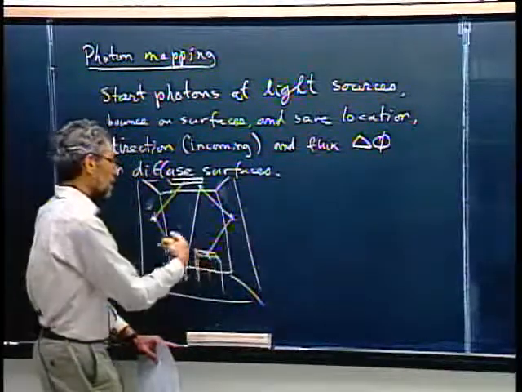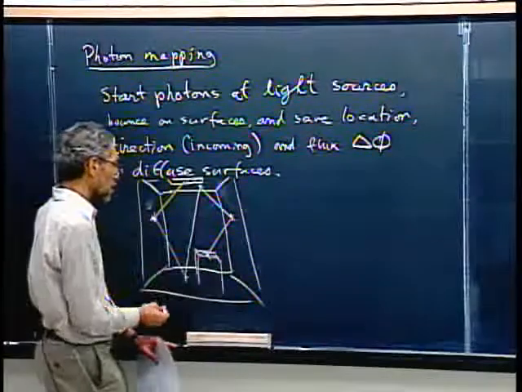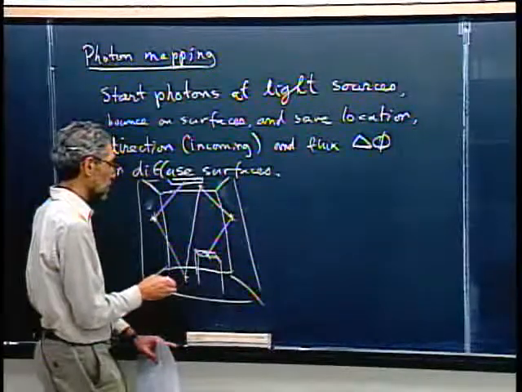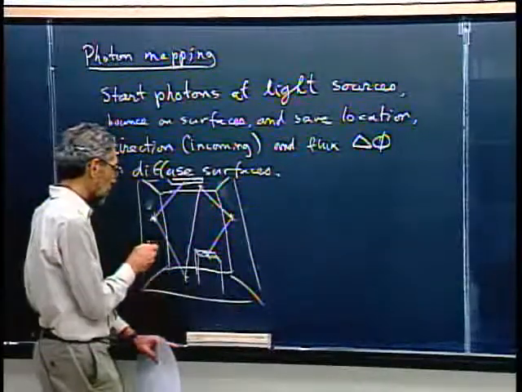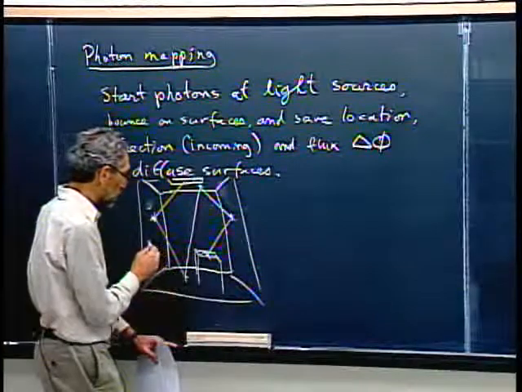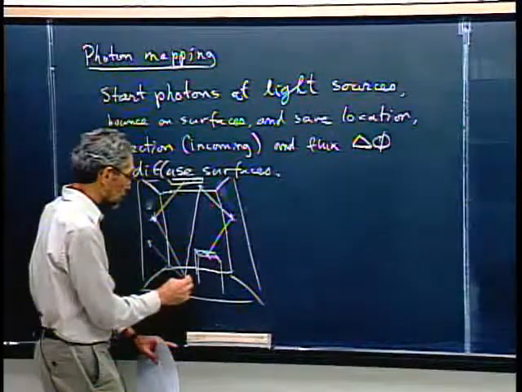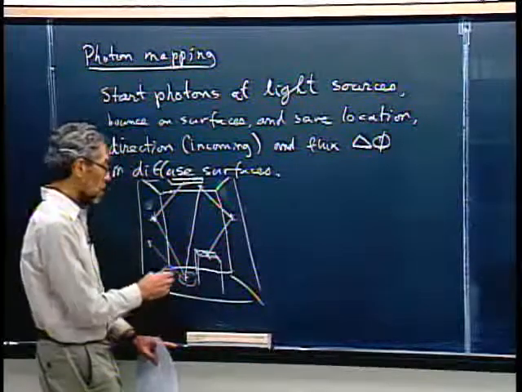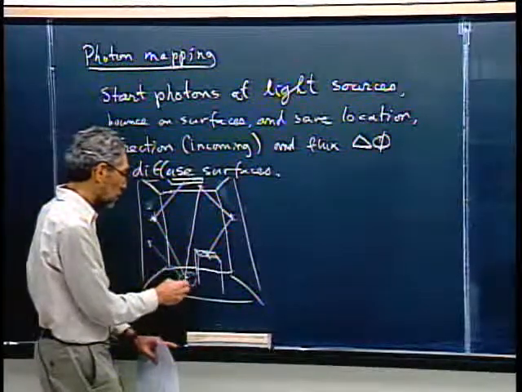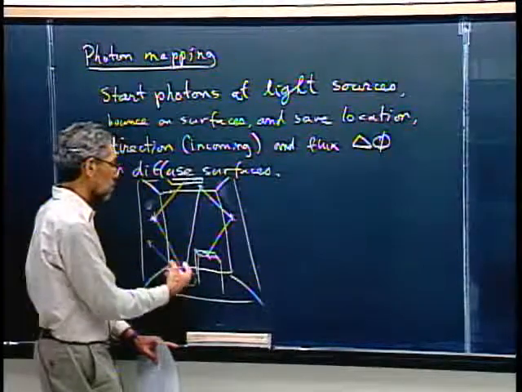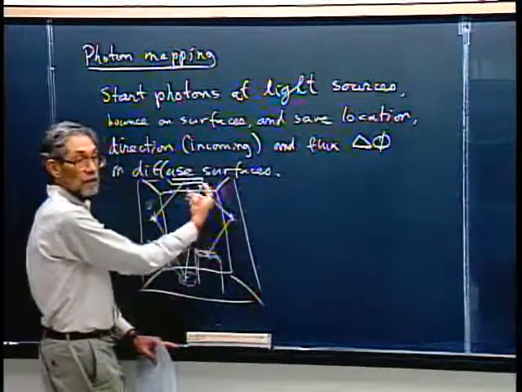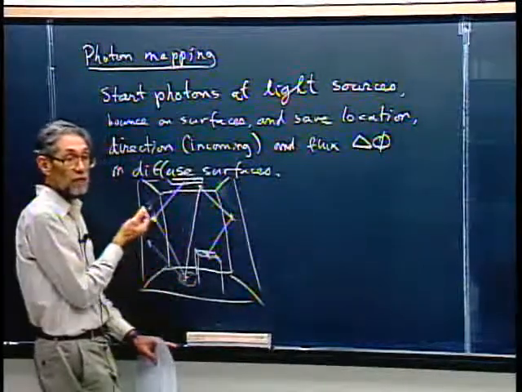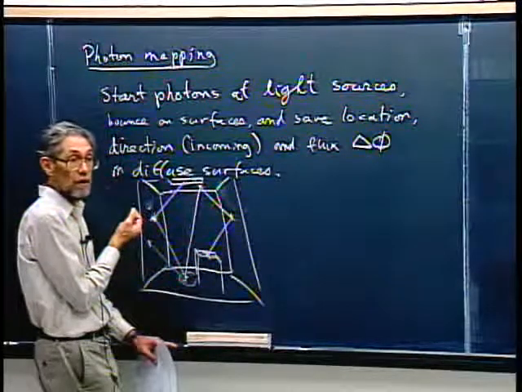Then we generate another photon, and we keep going till we've got lots of photons on the surface. And then if we have a viewing ray, we could think of either gathering these photons directly in a region, or if that were too noisy, we could think of doing a gathering from the visibility point to look in all the other directions and then figure out what the density of photons were there.